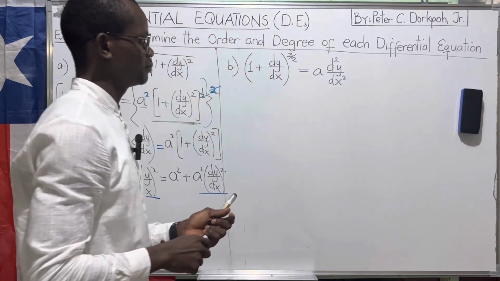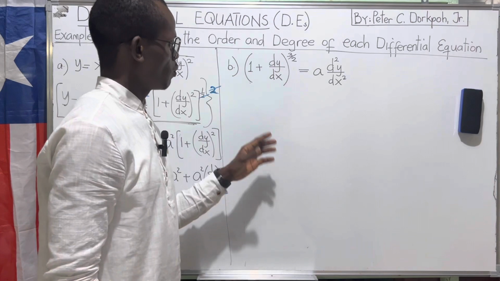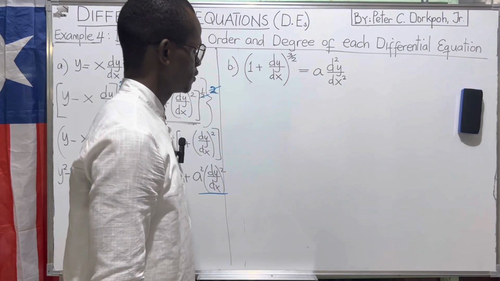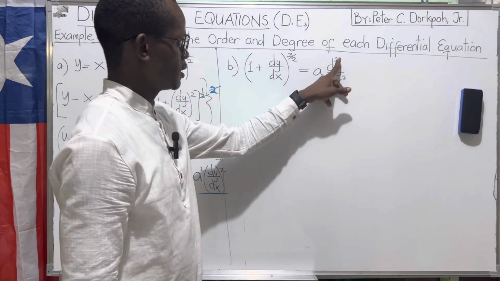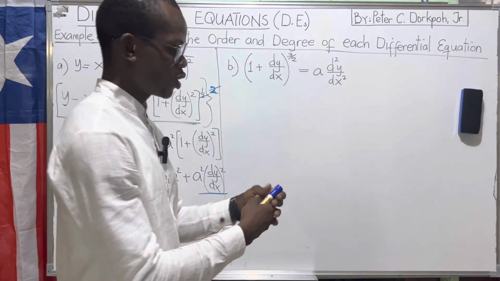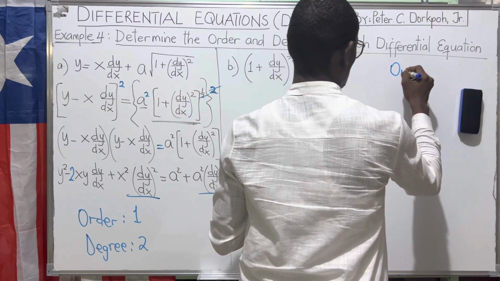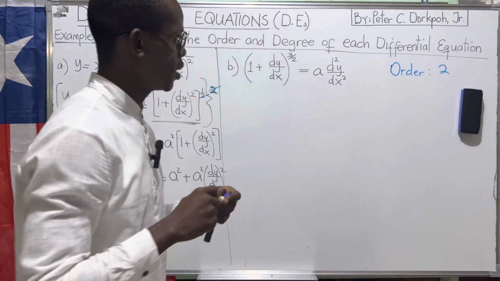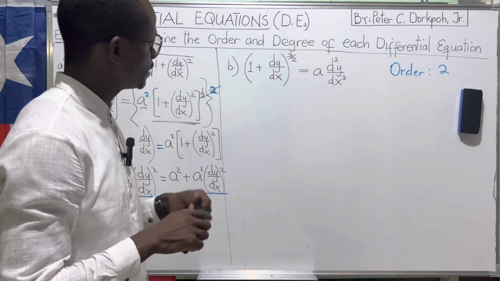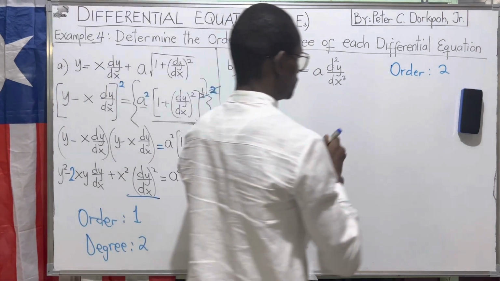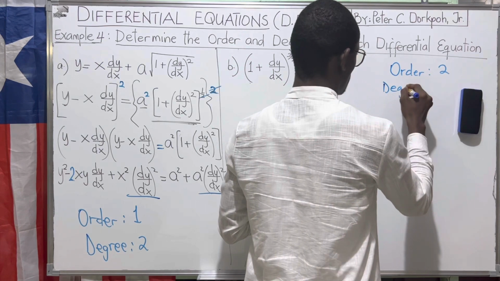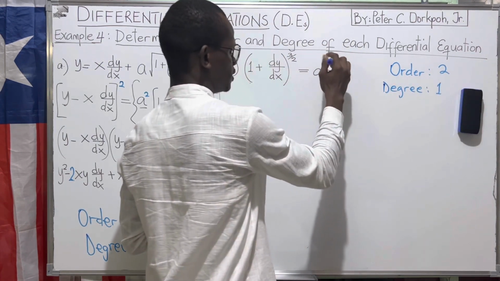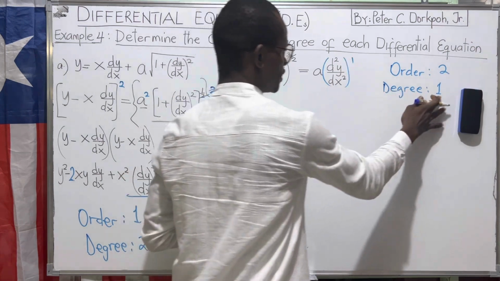In this problem, again, what is our highest derivative? Our highest derivative is the second derivative, so the order is equal to 2. But we also need to identify our degree. Can we just say the degree is 1 because this is raised to the power 1? No, we can't just say that.